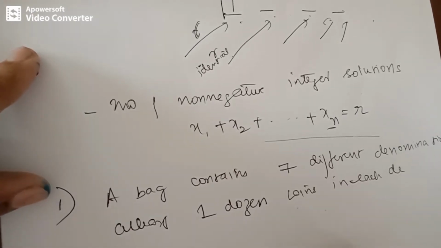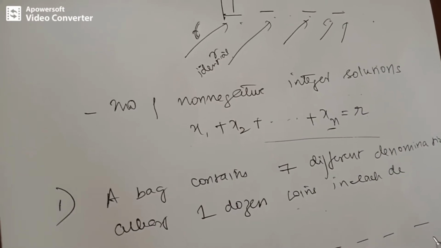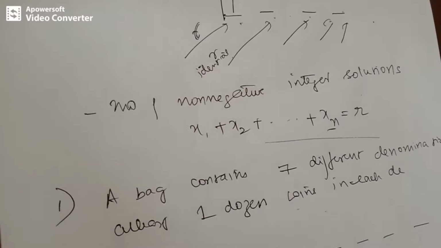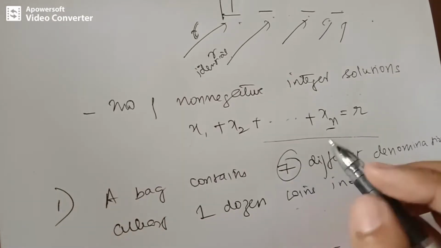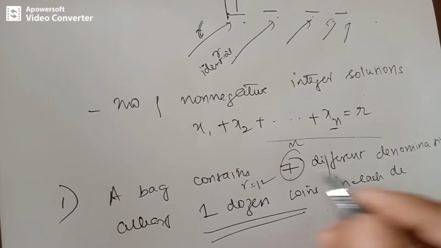So there are 7 different denominations, and we have to have at least 1 dozen coins in each denomination. This refers to n, the value of n, and this refers to the value of r.